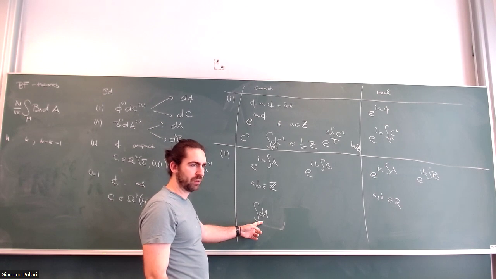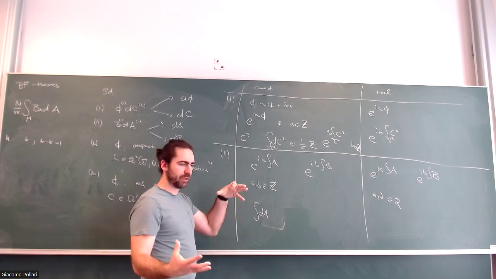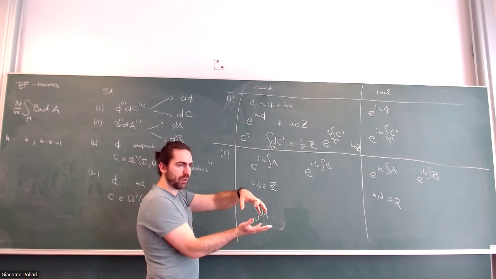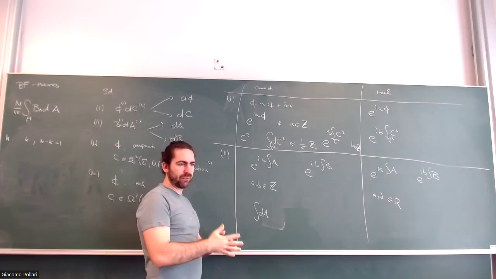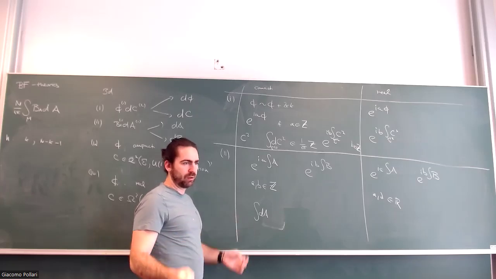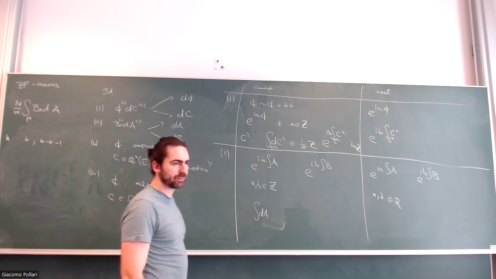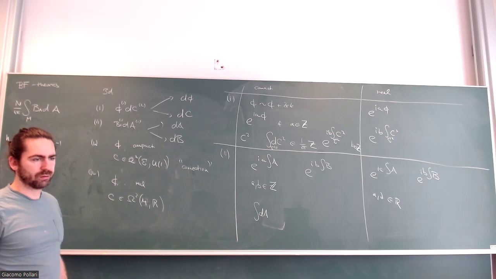Because I usually take a sphere in 3D and cut it along the equator. I know that A plus and A minus can differ by d phi, and sigma 3 has no boundary. Because it's compact, there is no boundary, and then you get this topological condition.